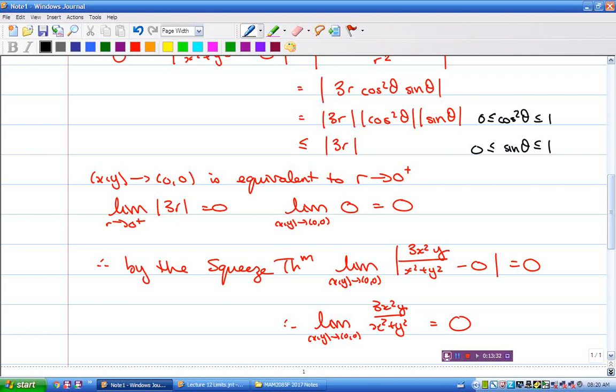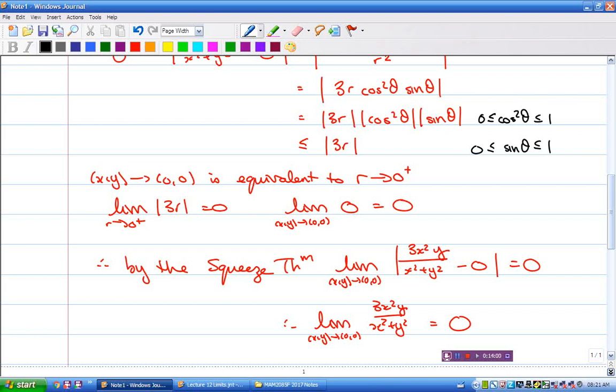I'm saying that it's the maximum that it could possibly be. That's why I've got an inequality, not an equality. I'm not saying cos squared times sine theta equals 1. I'm saying cos squared theta times the modulus of sine theta will always be smaller than or equal to 1. Whatever theta you put in, that has to be true for all theta.